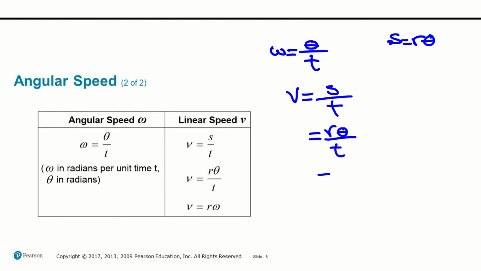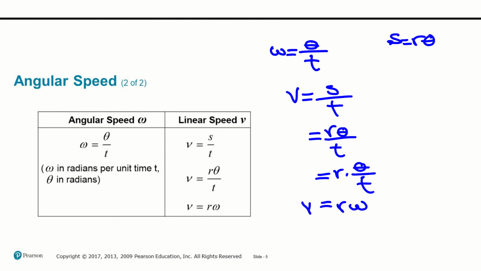And if we split the R and write it as R times theta over T, notice the theta over T here is of course the same as omega, theta over T. So we can write it as R times omega, or R omega.